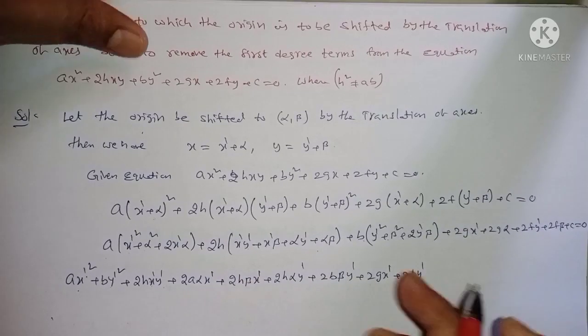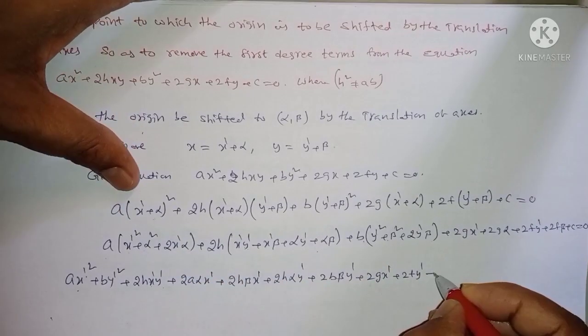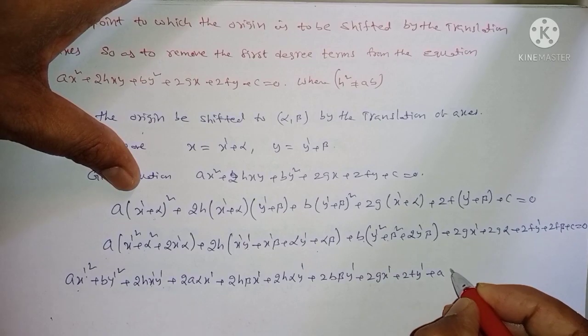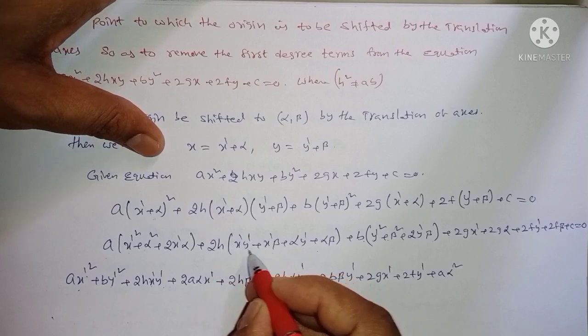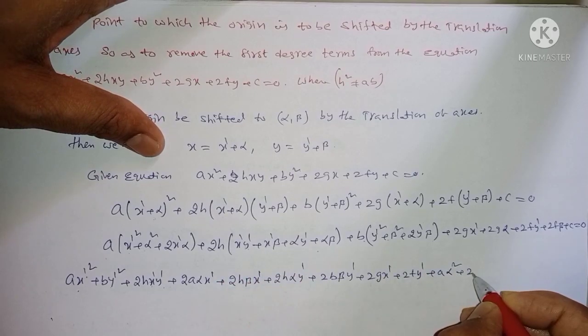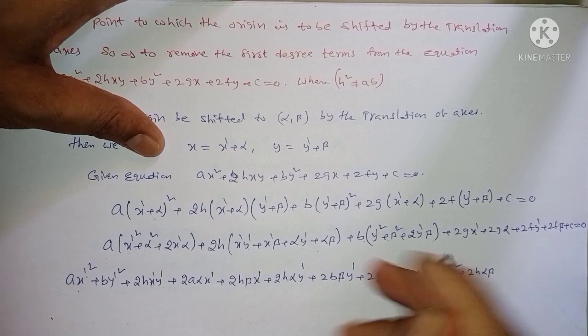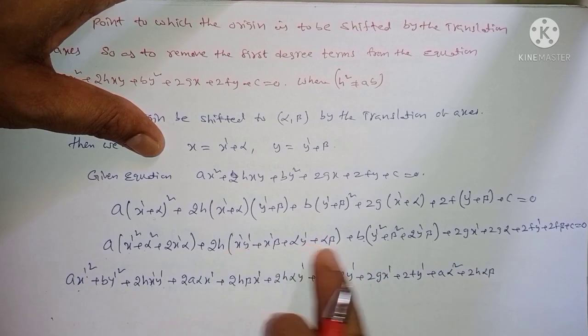Similarly, last are the constants: a alpha square, this is a constant, and the last one is 2h alpha beta, this is a constant.